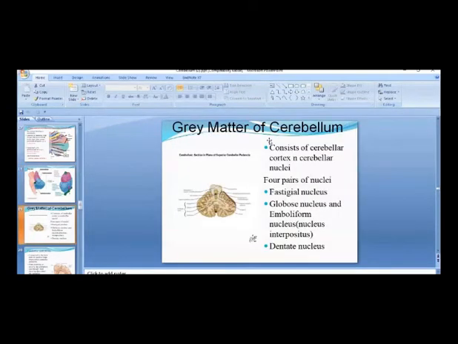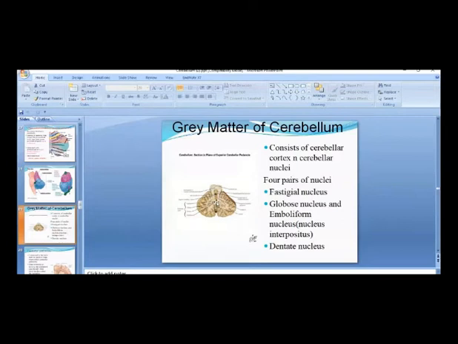In gray matter of the cerebellum, as I told you, it consists of cerebellar cortex and cerebellar nuclei. These nuclei of the cerebellum are very important. It should be on the tip of the tongue. The nuclei extend like this. So fastigial nucleus, globose nucleus, emboliform nucleus, and dentate nucleus. This is dentate.